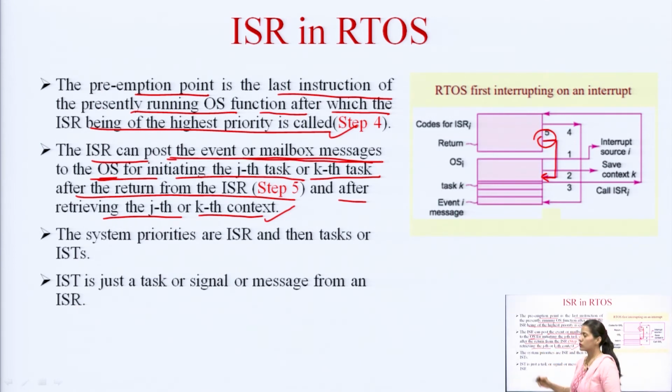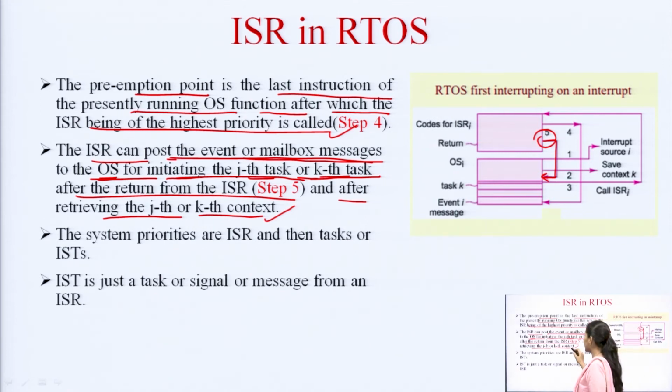operating system. So, at every step we will see that the operating system is being informed of the processes taking place. As soon as the interrupt service routine was entered, the operating system is informed about the ISR start message, and here again on the return the operating system is informed for initiating the jth or the kth task depending upon the priority.